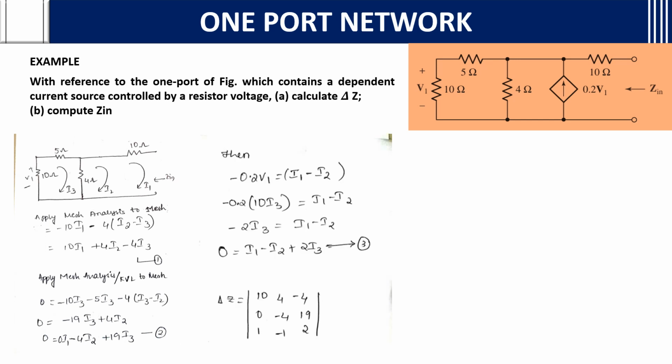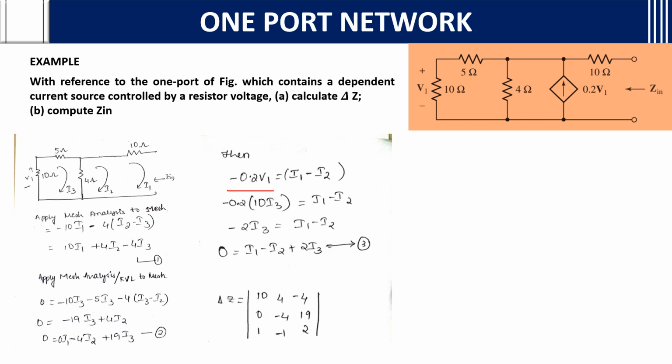From this you can easily write delta Z. And one more equation we require. We have already removed this, so we need to put that back. By putting that back, we need to find the value over there, that is 0 minus, the current is passing in this way, but the current we are taking is in the opposite direction. So we need to take minus 0.2 V1.